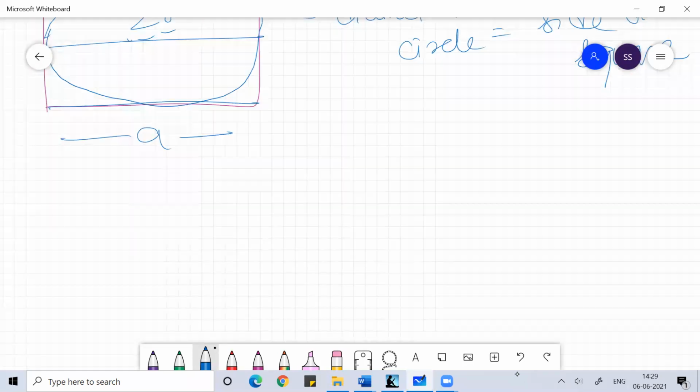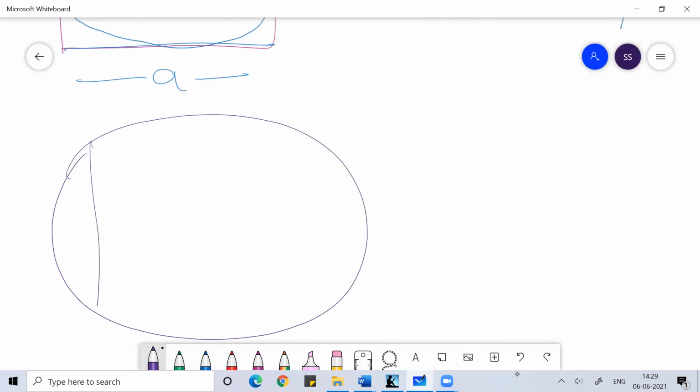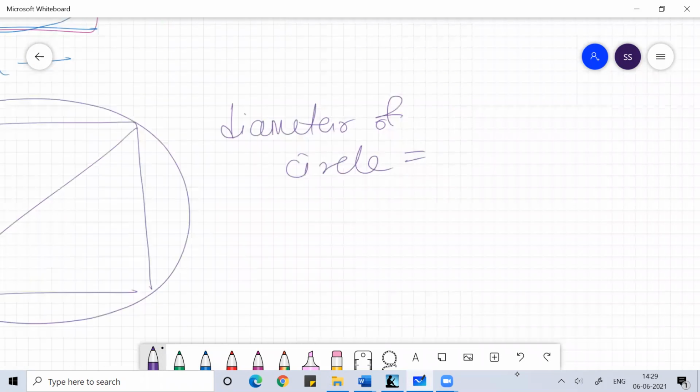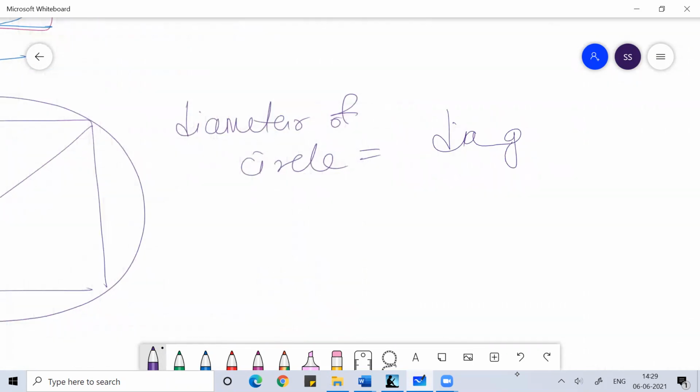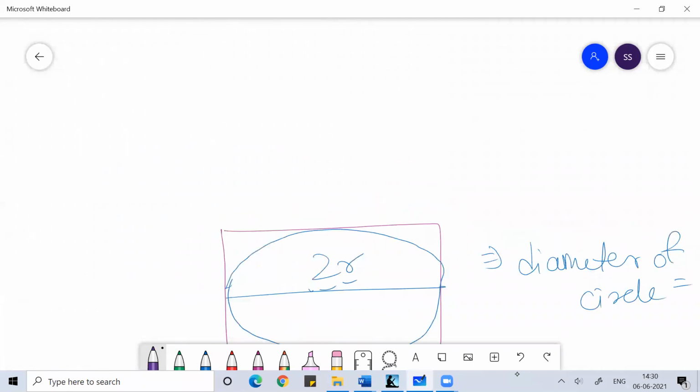Similarly, if you have a circle and then a square like this, the relation you can use is that the diameter of the circle is equal to the diagonal of the square. You can remember this relation. Any doubt on it? No doubt, sir.